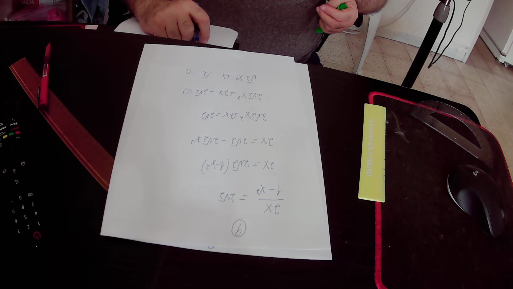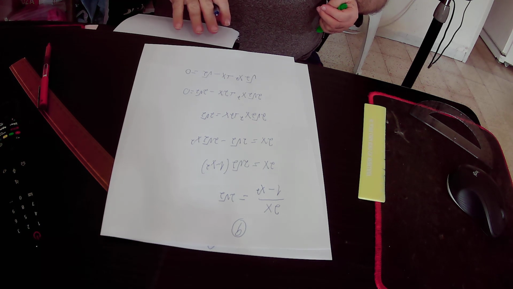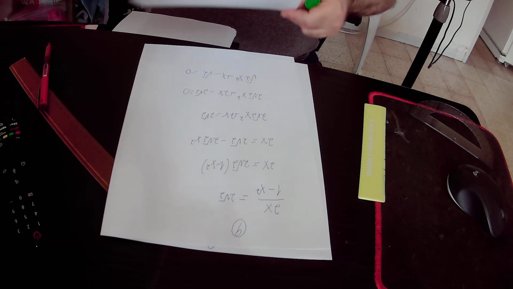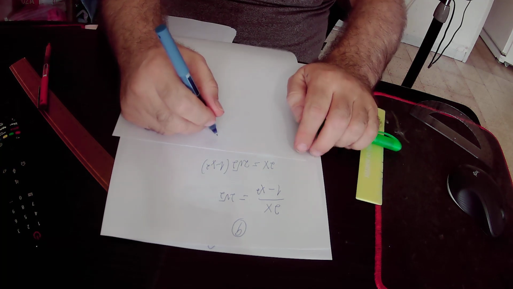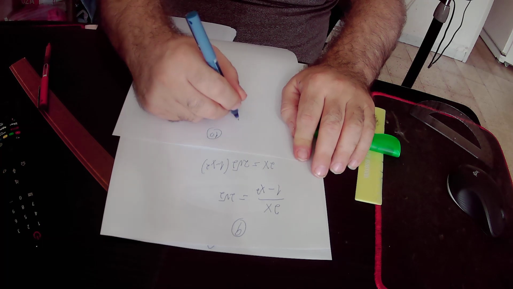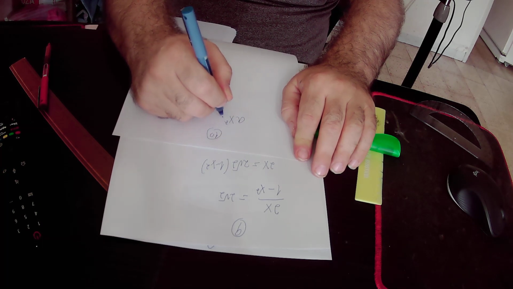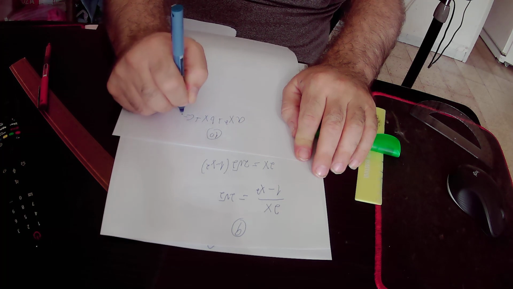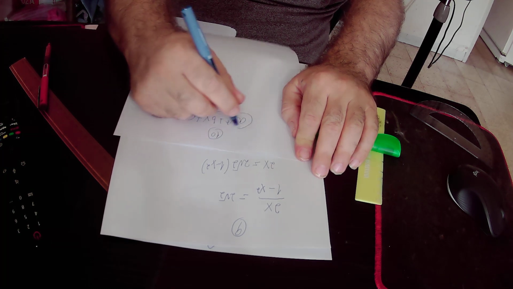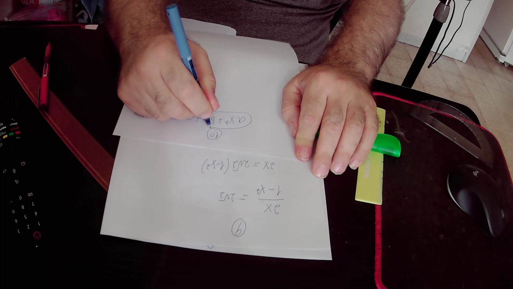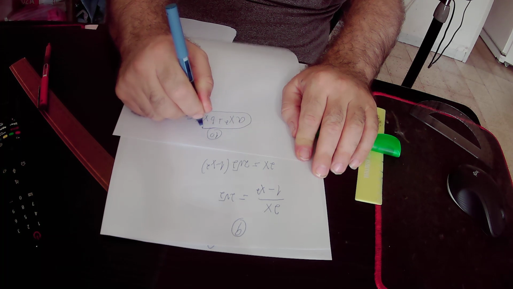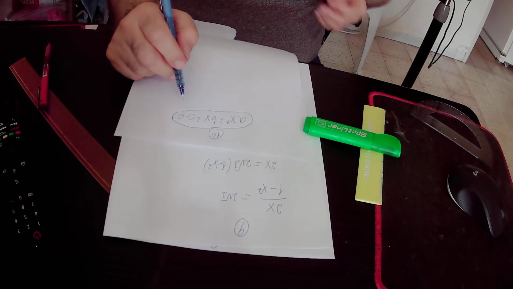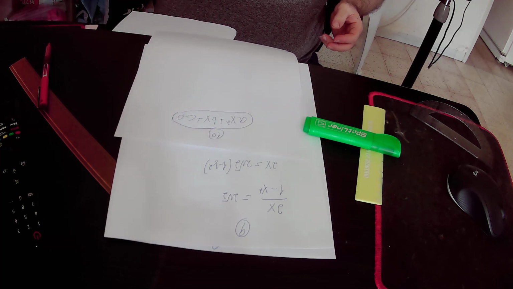Actually, the general formula for a quadratic equation is a times x squared plus b times x plus c equals 0, where a, b, and c are the coefficients of this quadratic equation, and x is the variable that we want to find.